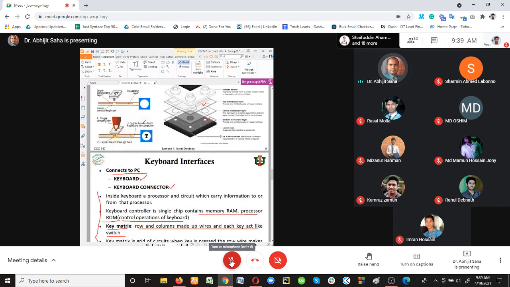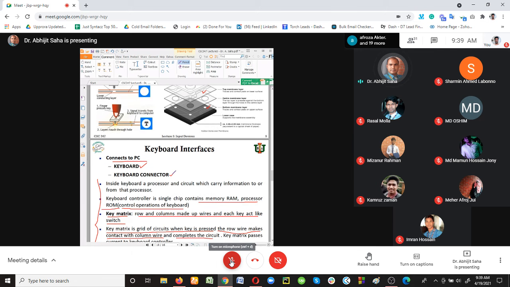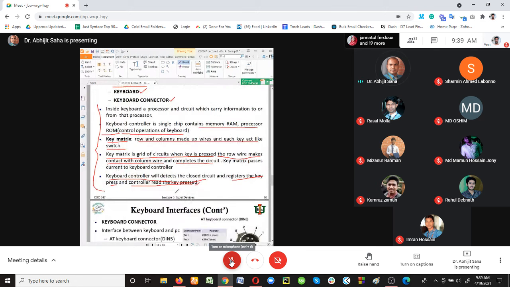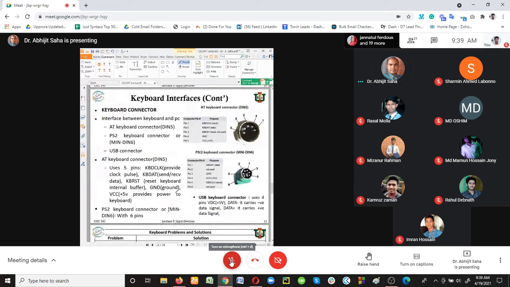So when your finger presses a key, the two circuits, row and column, connect, and a signal passes from the keyboard to the computer system, and then the computer is able to output which key you have pressed.